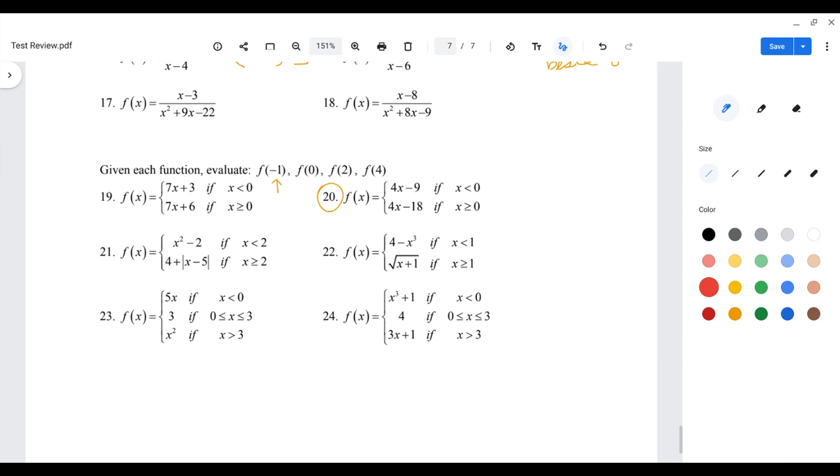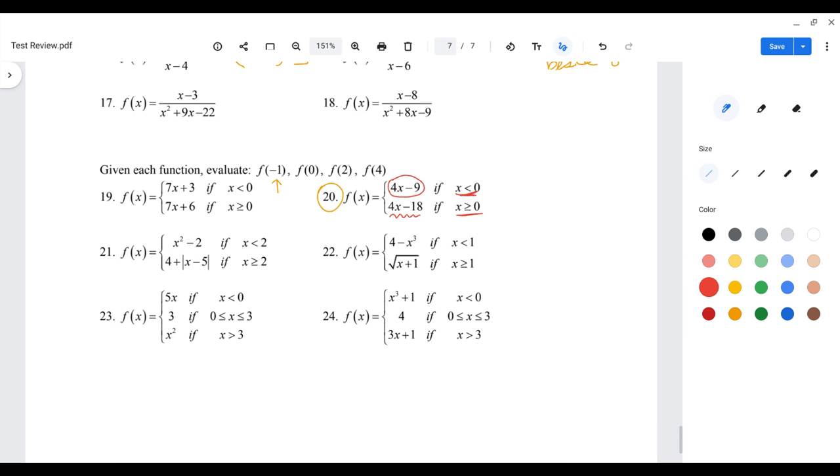That function is equivalent to this when x is smaller than 0, and that function is equivalent to that if x is bigger than or equal to 0. So based on what number we want to plug in, the function you use to evaluate it will be different.